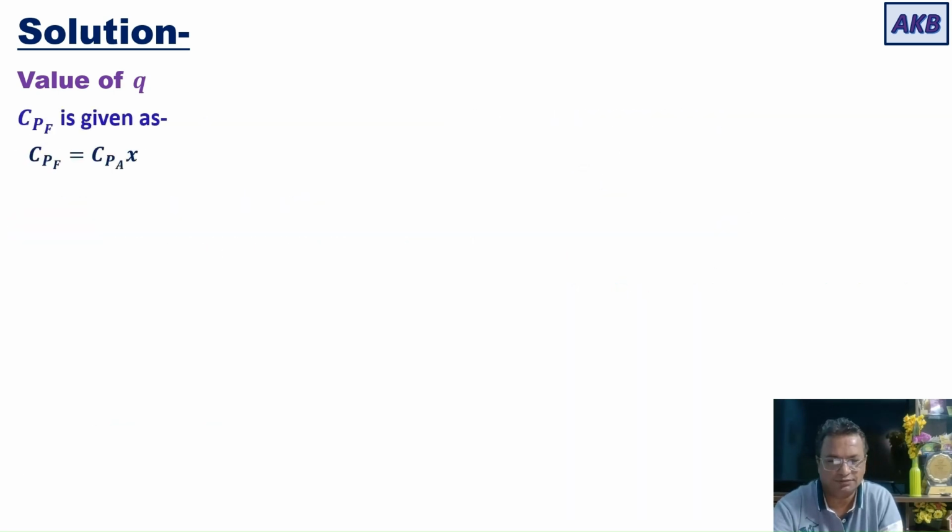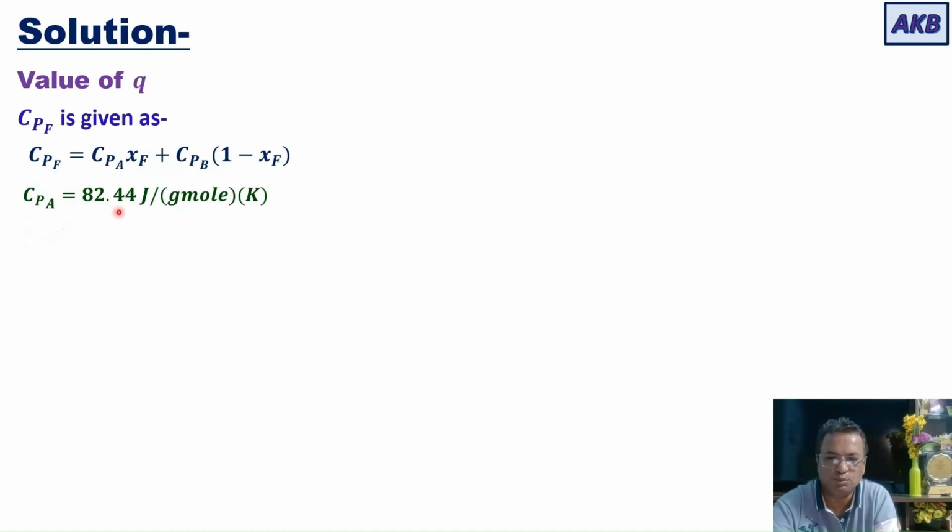So Cpf, the specific heat for the feed, would be given by this formula: specific heat for A into its fraction, plus specific heat of B into its fraction. Why the fraction of B is 1 minus xf, I have already explained earlier. Now the pure specific heats for the pure components are known to us.